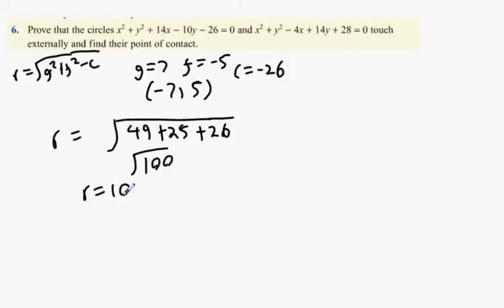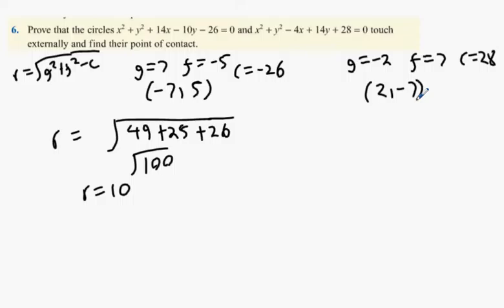Go to the next circle, repeat procedure. This time the G value is -2, the F value is 7, and the C value is 28. The centre of the circle is 2, -7. Okay?